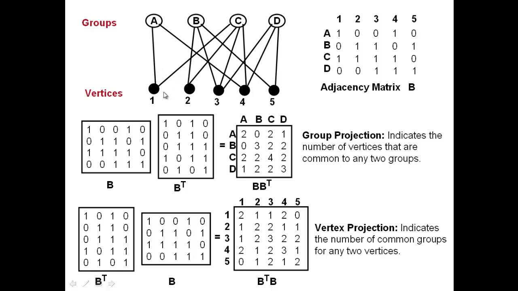So some mutation, meaning some changes in a gene, may cause a disease. That's how you build a graph of the diseases and genes, and then you can get some group projection like this, and the entries like this will indicate which two diseases have no common genes associated with them. Then this matrix will indicate how many diseases are associated with two genes.